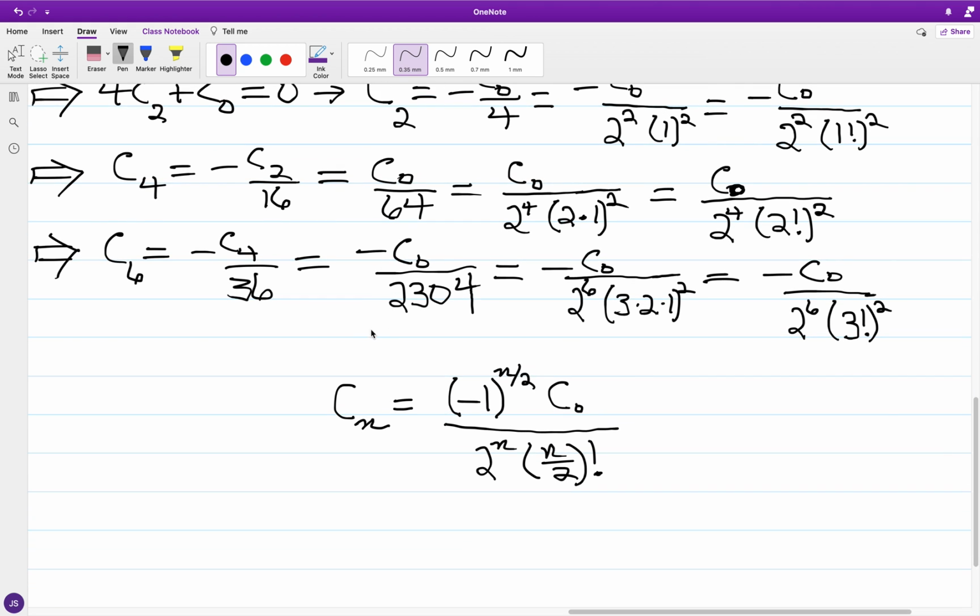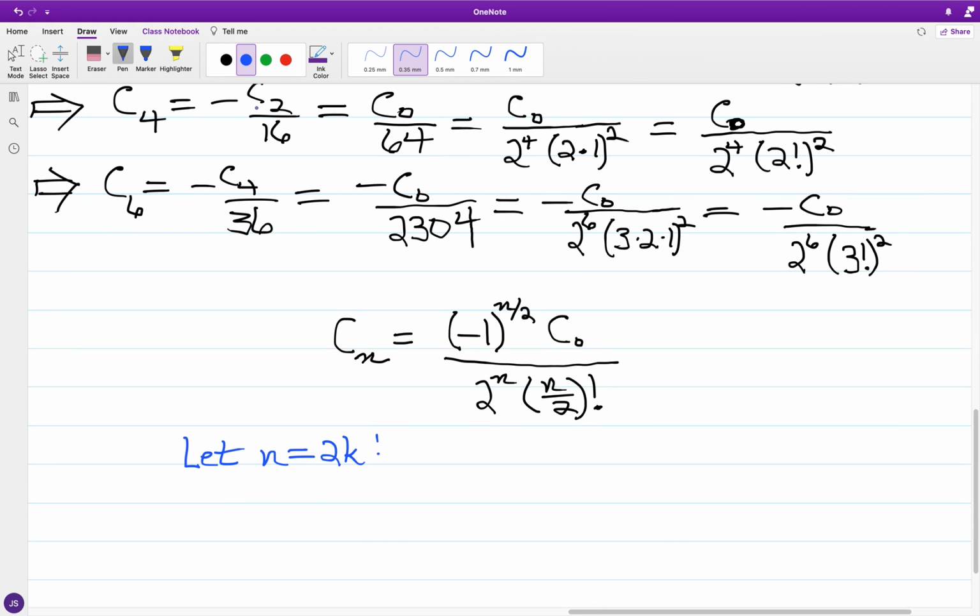And again, if I get rid of the fractions, if I let n be equal to 2k, so we have c of 2k.